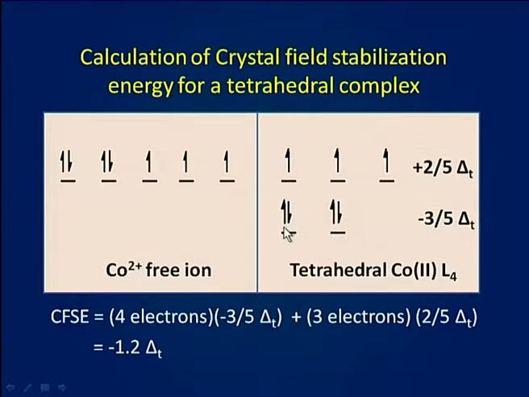You can see there are 4 electrons in the lower energy level, which is eg, and 3 electrons in the upper energy level, which is t2g. Now, for the calculation of crystal field stabilization energy, you have to calculate 4 electrons with minus 3/5 delta T and 3 electrons with plus 2/5 delta T. Ultimately, you will get crystal field stabilization energy equal to minus 1.2 delta T.